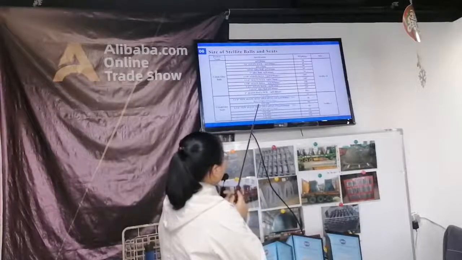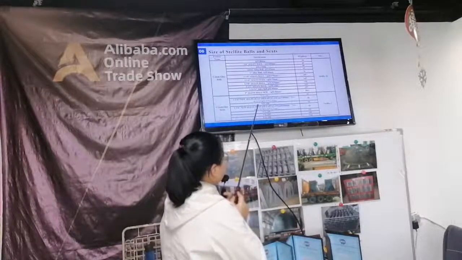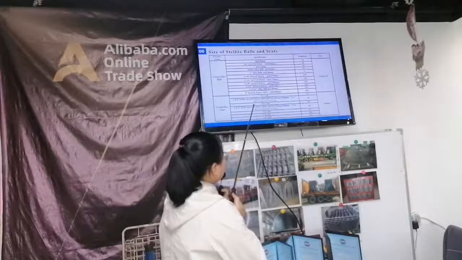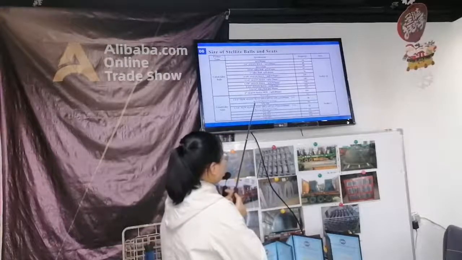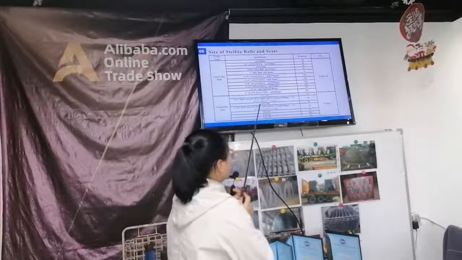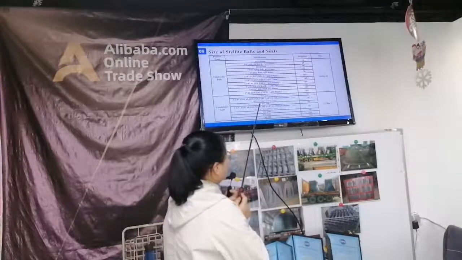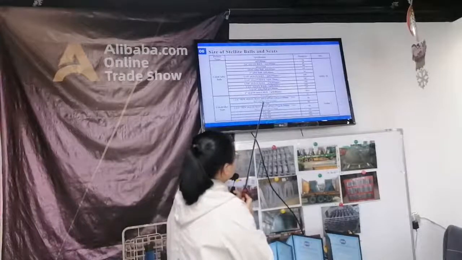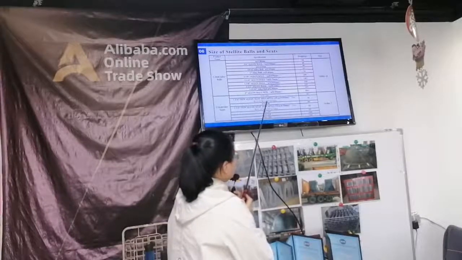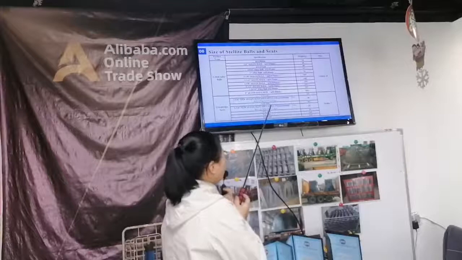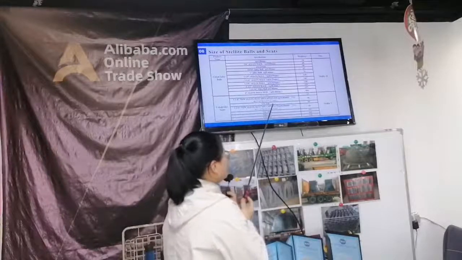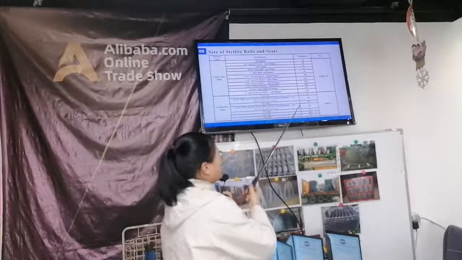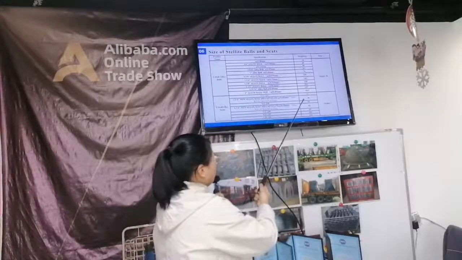The size for seat is outer diameter 23.32 mm, inner diameter 13.97 mm, and the height is 5.7 mm. And the unit weight is 30 grams.